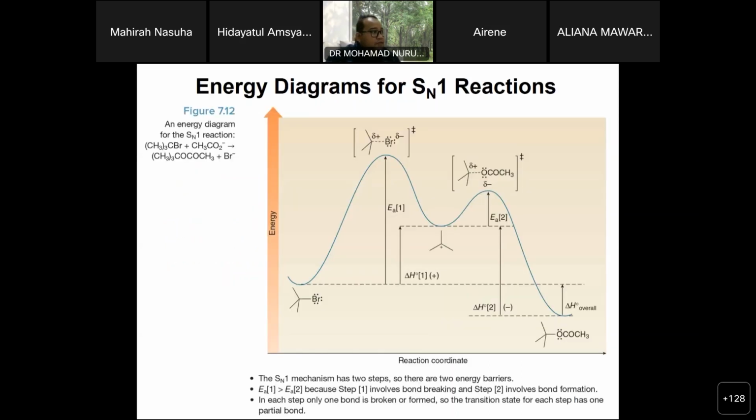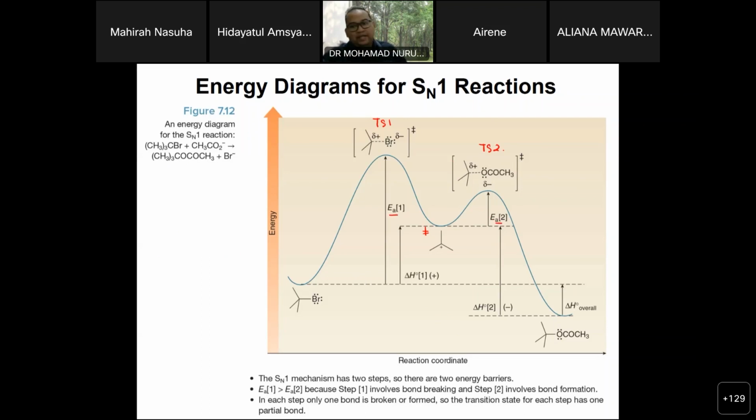For the energy diagram, because it involves formation of a carbocation, which is a very reactive intermediate, this is the carbocation that I mentioned. They have two humps. This one is transition state 1, and this one is transition state 2. If we ask you to draw the energy diagram, we will usually provide the activation energy: activation energy 1 and activation energy 2. From there you can draw the energy diagram easily.